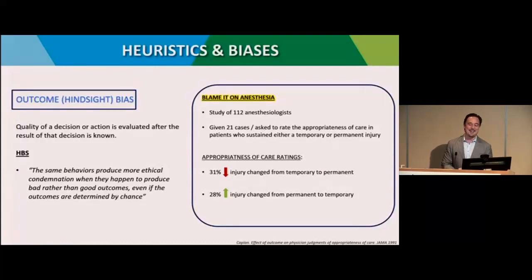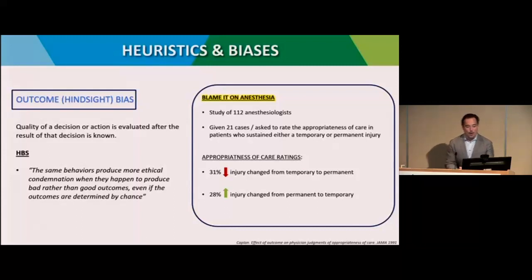And I bring that up because there was a great study done by some of our wonderful anesthesia colleagues in JAMA a handful of years ago, a study of 112 anesthesiologists. They were given 21 cases and asked to rate the appropriateness of each case in a patient that sustained either a temporary or permanent injury.